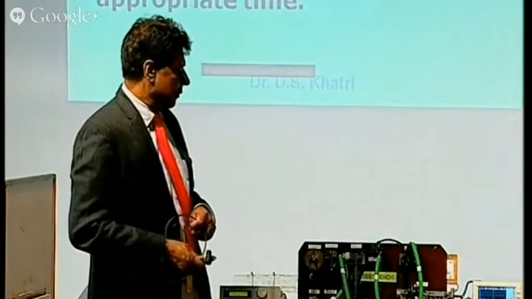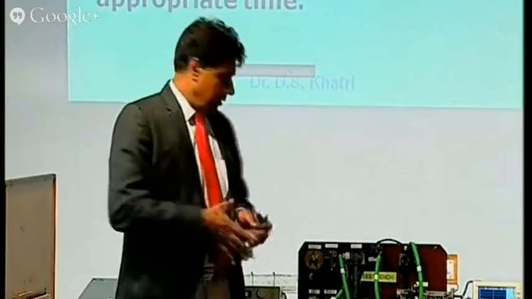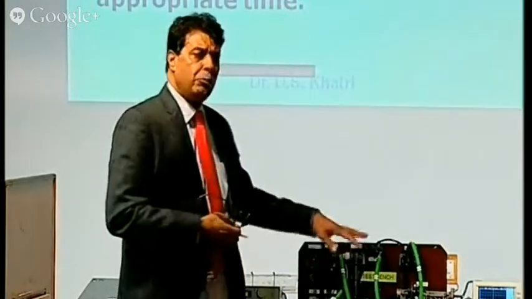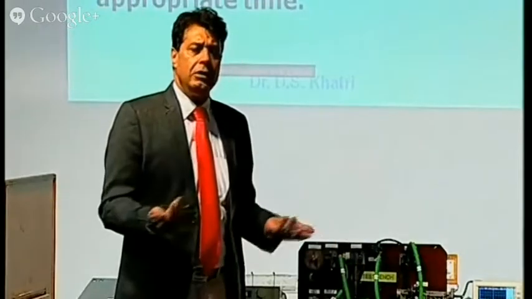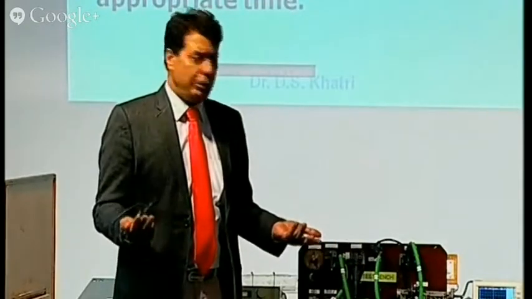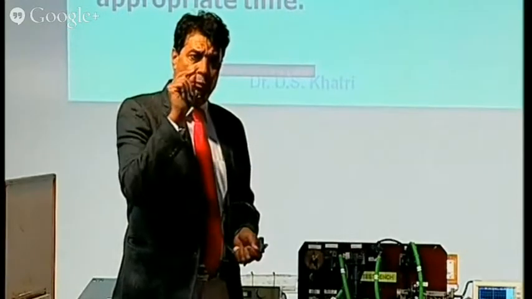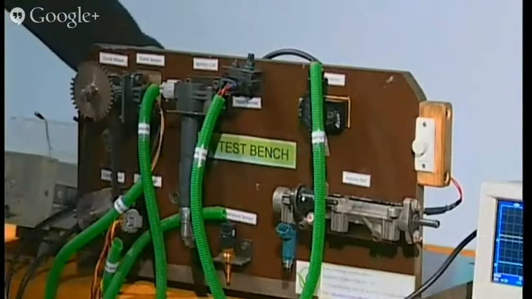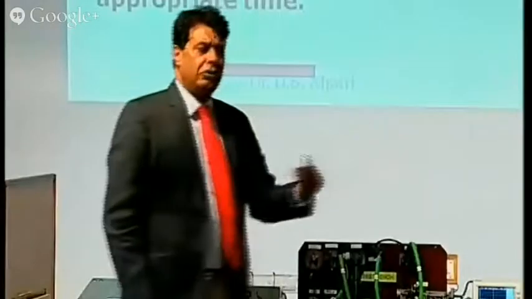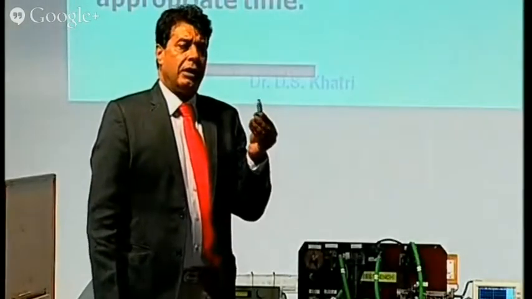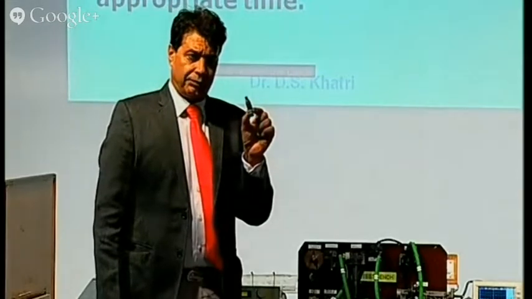Now come to the output side. All the sensors' input will go to the ECU. And why do I want to operate? The objective is to operate the injector so that it can inject the appropriate quantity of fuel. The cut section which I have shown is the gasoline injector, petrol injector.